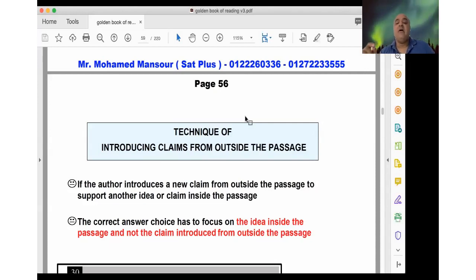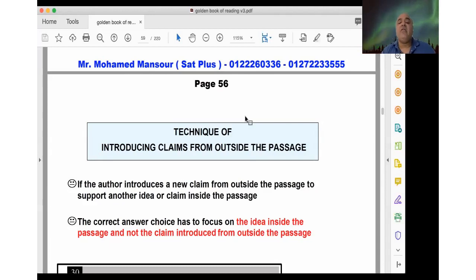The claim that comes from outside is only to clarify, to illustrate, to support another claim inside the passage. So, in this case, your answer choice has to focus on the claim which is inside the passage, as the claim that came from outside the passage is only to clarify and to support the claim inside the passage.